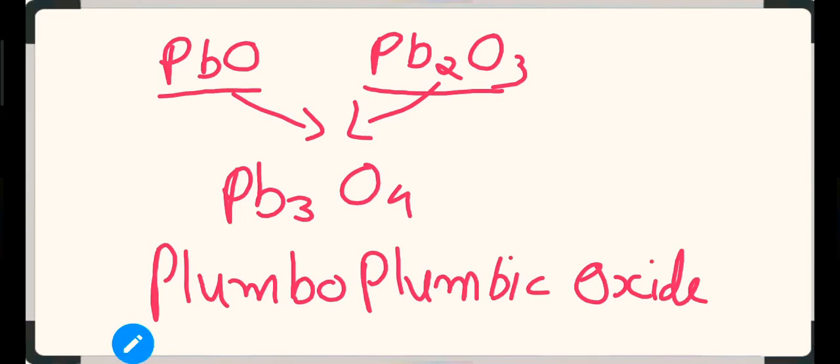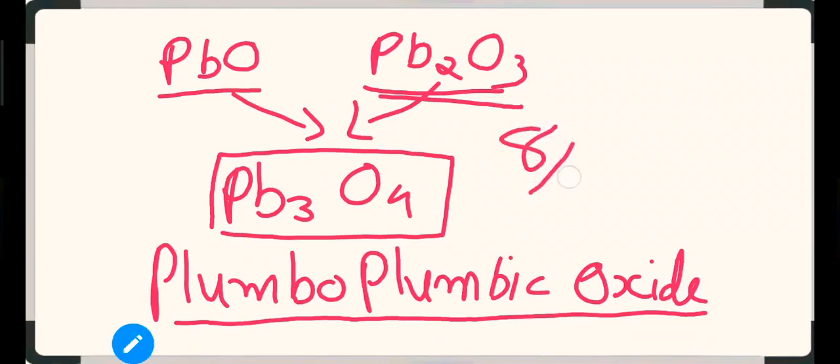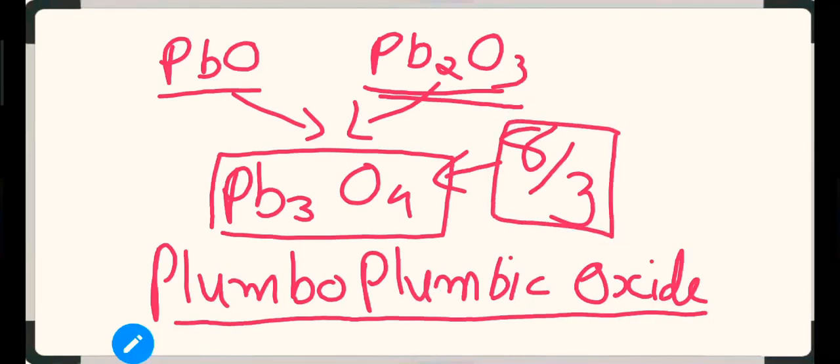Okay, so lead is also called plumbum. So the lower oxidation state is called plumbous oxide, the higher oxidation state is called plumbic oxide. And when we have a mixture of them, that means Pb3O4, it will be called plumbo-plumbic oxide because it has a combination of both of them. And again, the oxidation state of Pb or lead in plumbo-plumbic oxide will be +8/3, just like Fe. Okay, so if you have any confusion regarding this, then you can ask me.